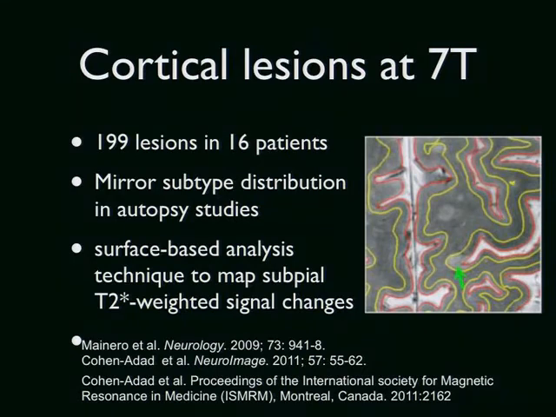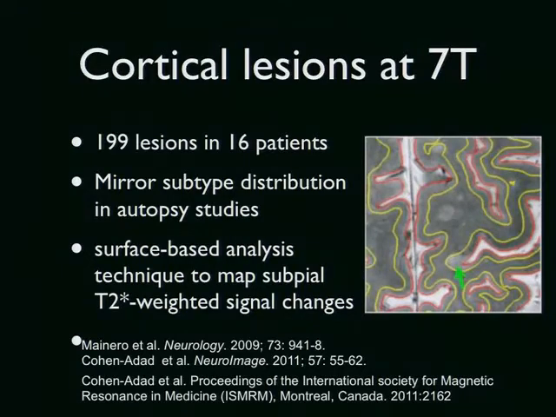What's important about this finding is that the distribution of these lesions closely mirrored what is seen on autopsy studies as far as their subtype characterization: lesions that are just contained within the cortex, those that are leukocortical or include both gray matter and white matter, and also more diffuse subpial lesions.